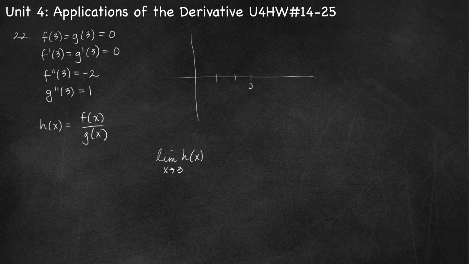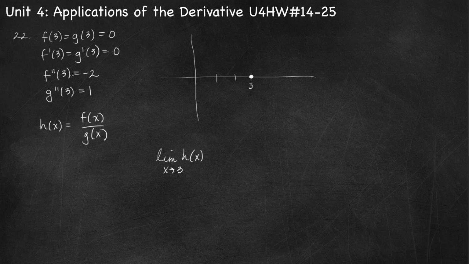So let's go back to our clues. F of 3 and g of 3 are both 0, so they both pass through this point here on the graph. F prime of 3 and g prime of 3 are both 0, so we can expect to have a relative max or a relative min at that point. We don't know that for sure, but it's possible. And then f double prime of 3 equals -2.